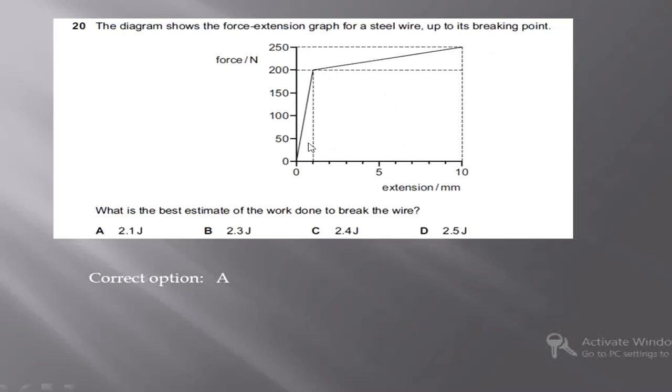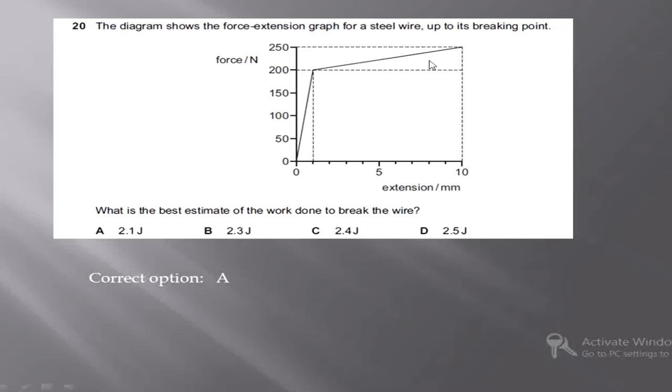This is the area under the graph which we are going to calculate. To calculate the total area under the graph, we can divide it into different figures. We can assume this is a triangle. We will find the area of this triangle, then this rectangle, and then this triangle, and then we will sum the areas of these three figures, and the total area will be equal to the work done to break the wire.